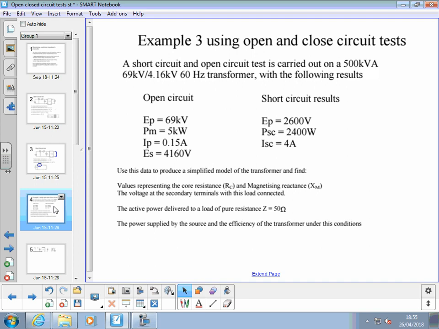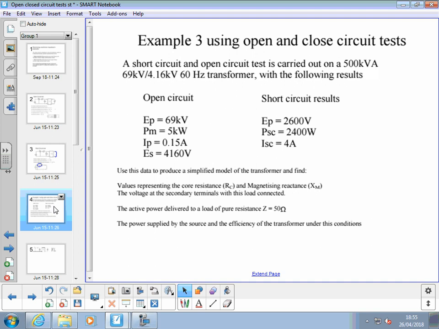A short circuit and open circuit test is carried out on a 500 kVA transformer. It's 69 kilovolts down to 4.16 kilovolts at 60 hertz. Following results.